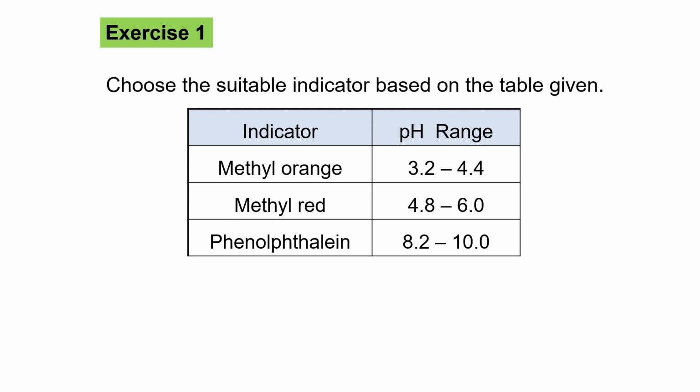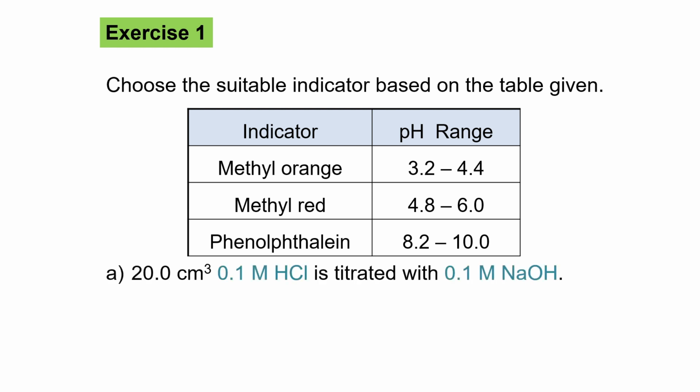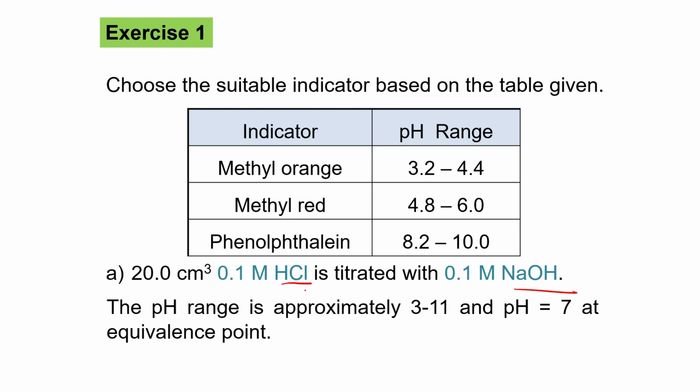Next exercise, choose the suitable indicator based on the table given below. So kita ada titration between strong acid HCl and strong base NaOH. Okay, so kita tahu untuk strong acid dengan strong base, pH range ialah 3 to 11. So equivalent point ialah pada pH 7.